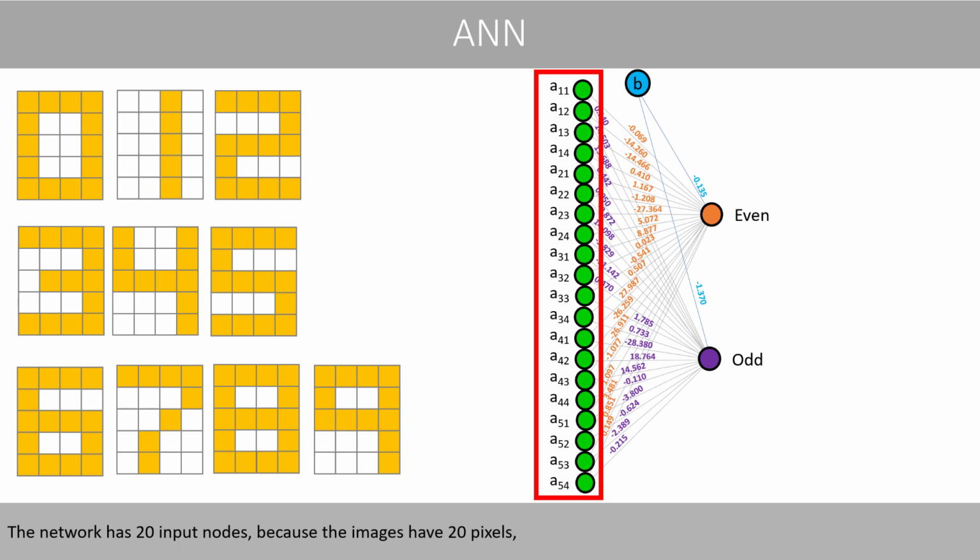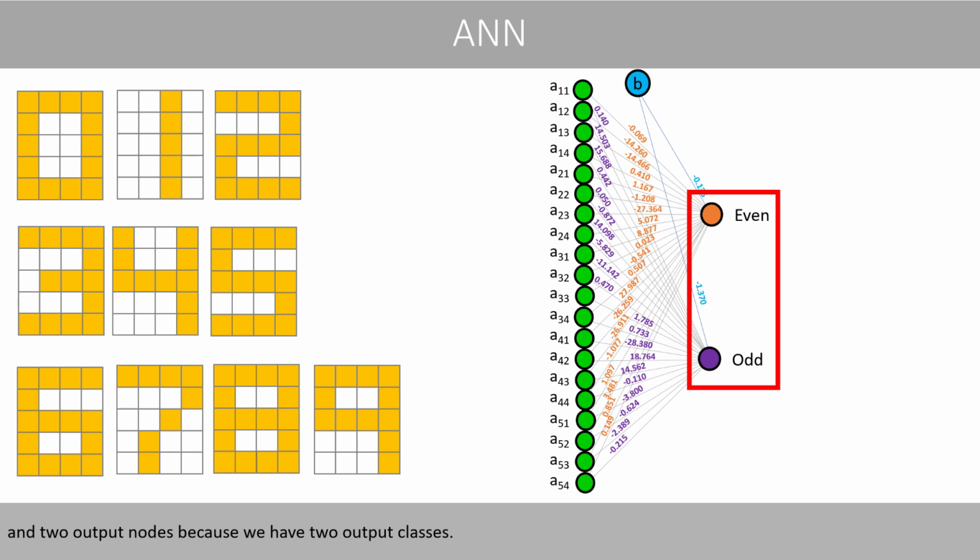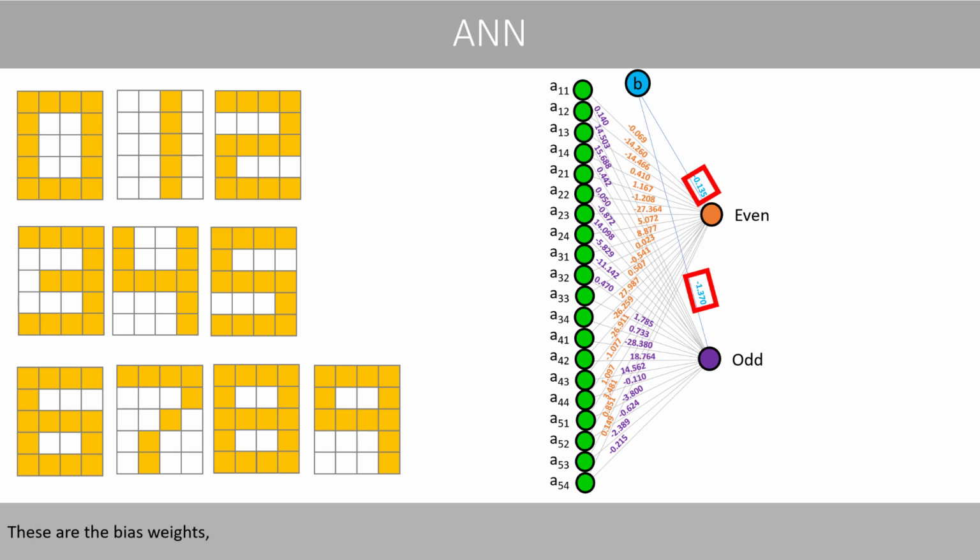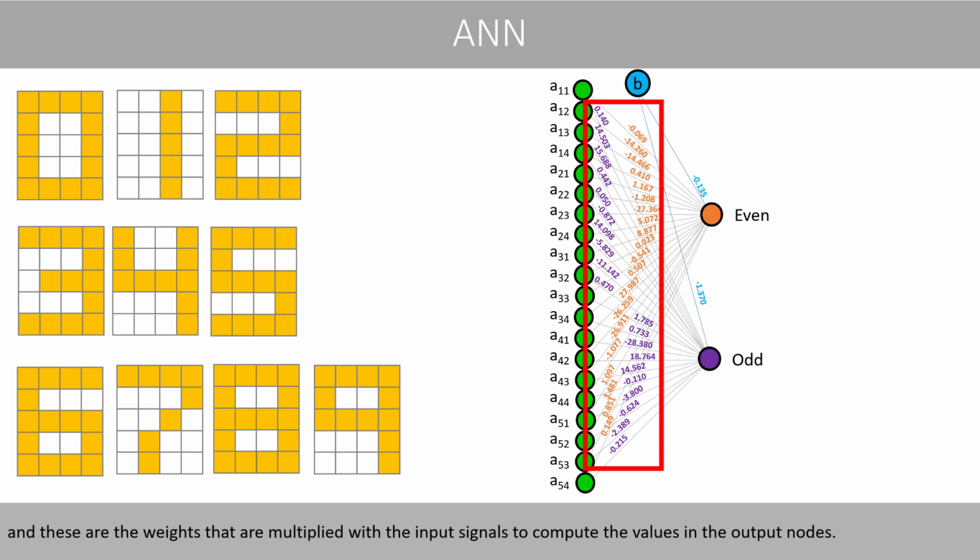The network has 20 input nodes because the images have 20 pixels, and 2 output nodes because we have 2 output classes. These are the bias weights, and these are the weights that are multiplied with the input signals to compute the values in the output nodes.